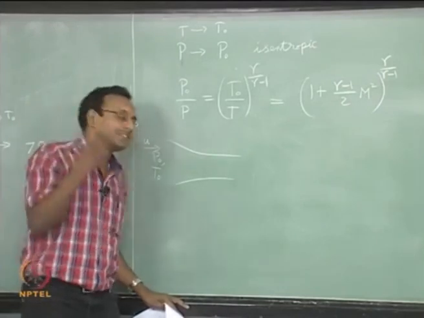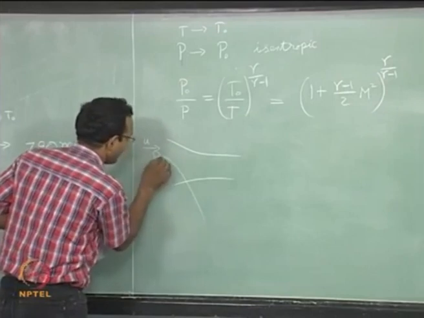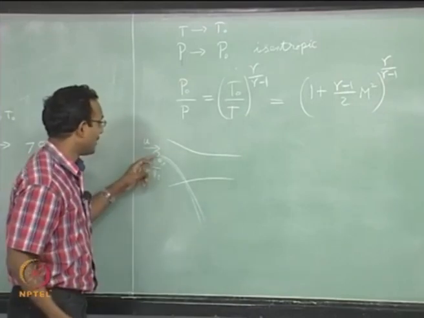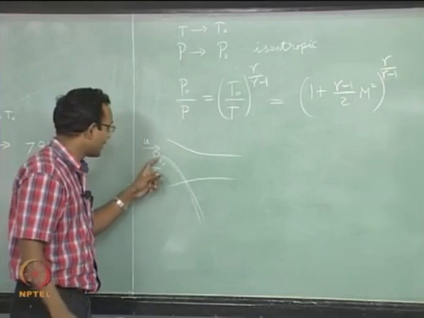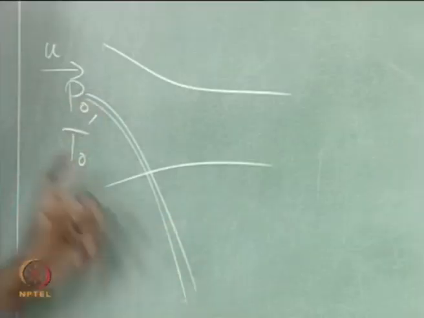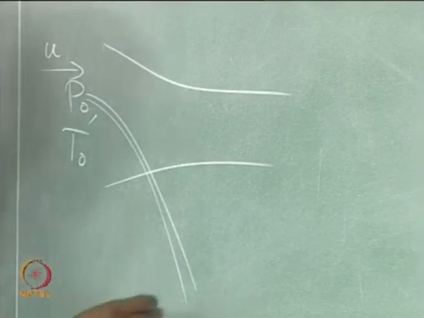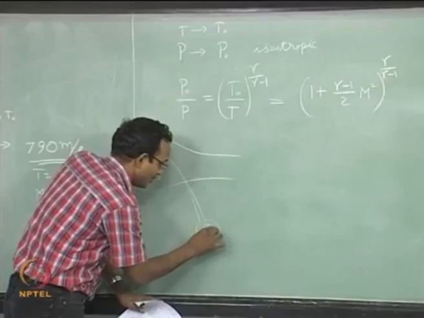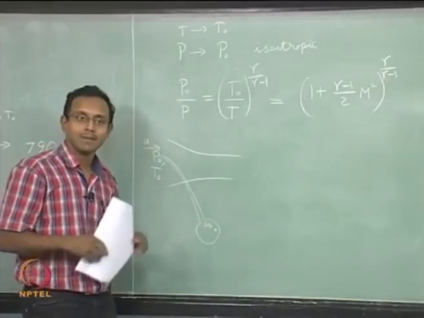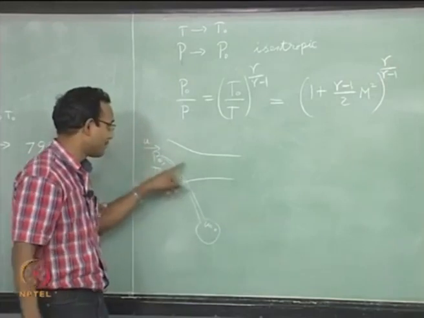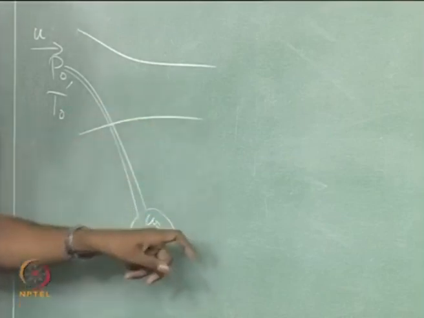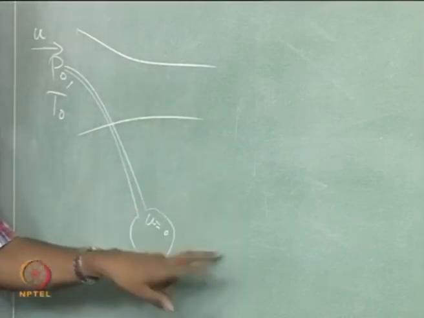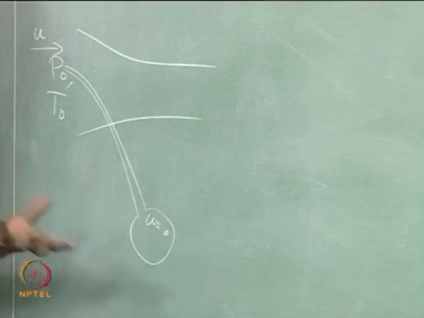I am going to imagine having a separate tube through which my fluid element will go without any friction, it is completely isentropic process, imaginary process my fluid element will go to, and it is going to become u equal to 0 here. When that happens, imaginary process, I can do this at every point in the flow. I can put this tube here and collect that fluid element and going to 0 and see what is the pressure and temperature there. Like that I am imagining this.